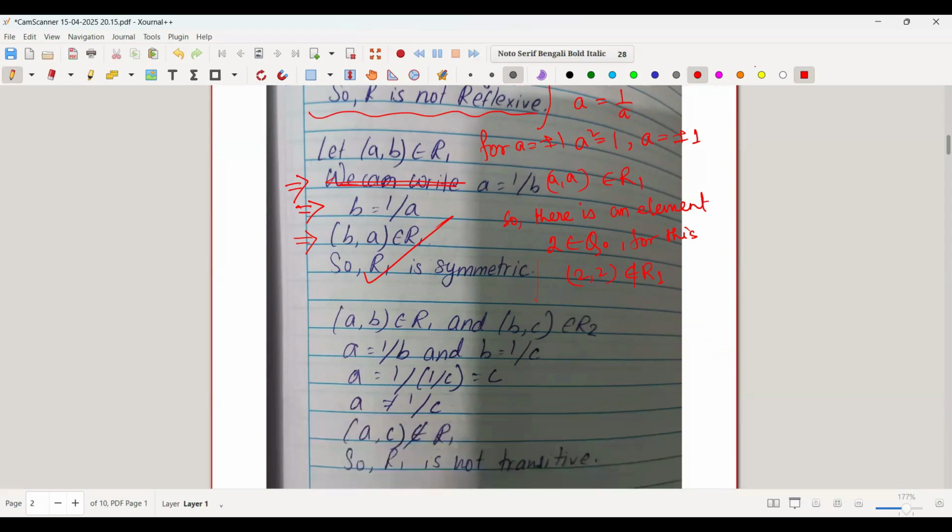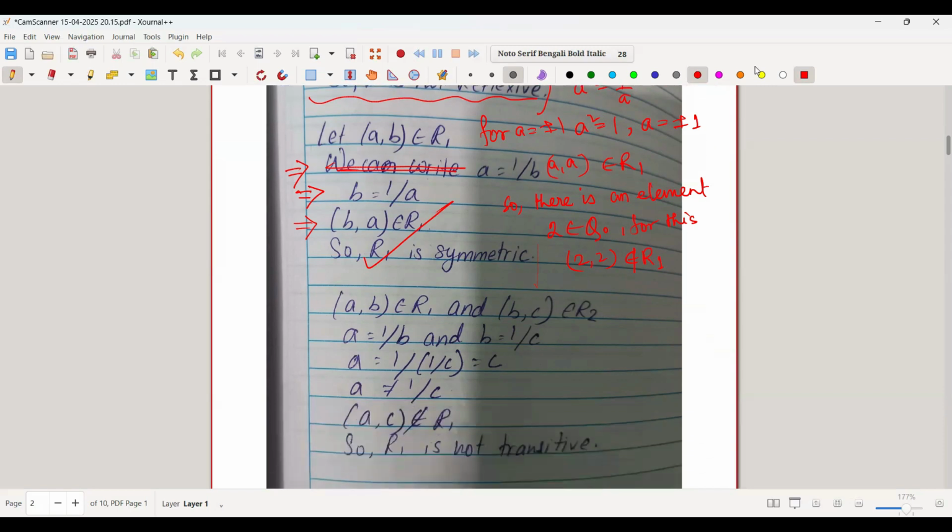Now transitivity. (a, b) belongs to R1 and (b, c) belongs to R1. That implies a equals 1 by b and b equals 1 by c.